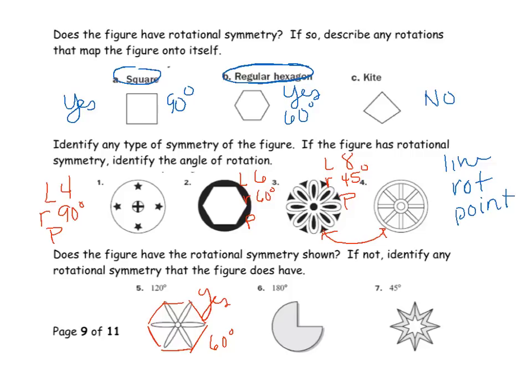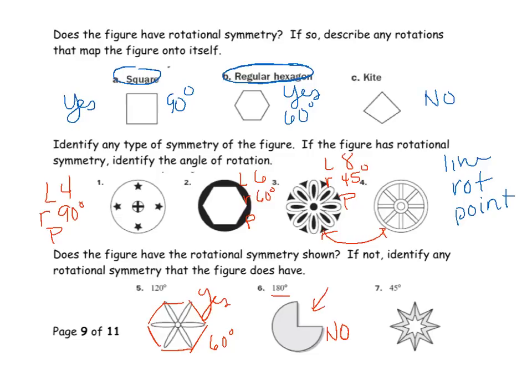All right, how about Pac-Man? Does it have 180 degrees? Well, no. If we rotated Pac-Man around 180 degrees, then we would not get him with his mouth open up here again. So this one does not have, not only does it not have 180 degree rotational symmetry, it doesn't have any rotational symmetry at all.